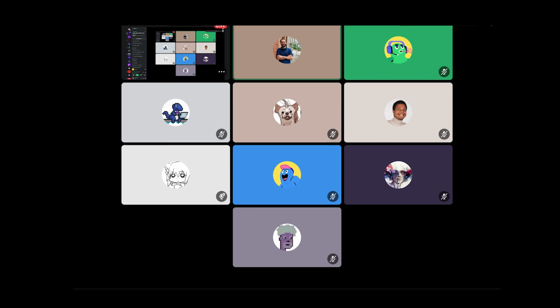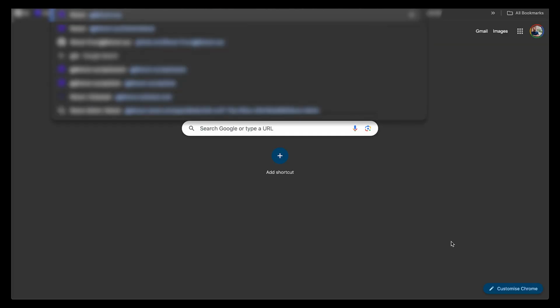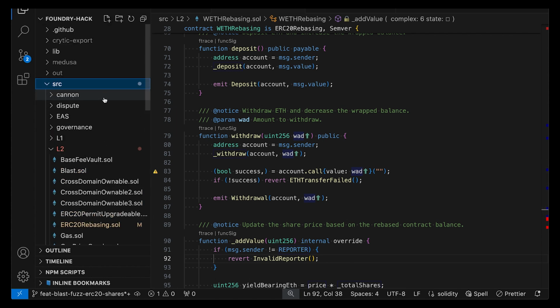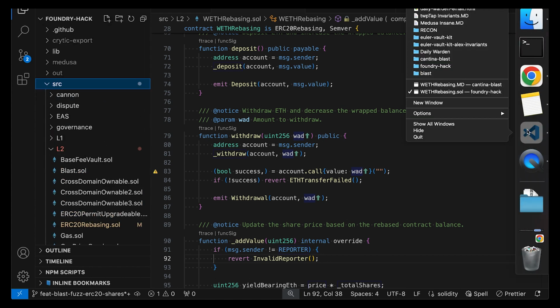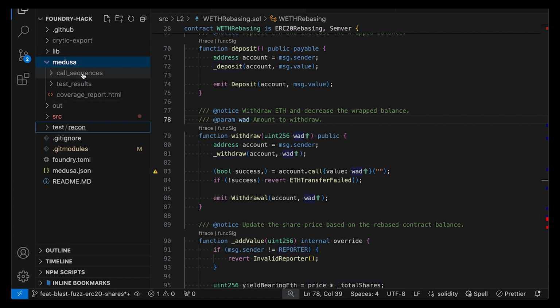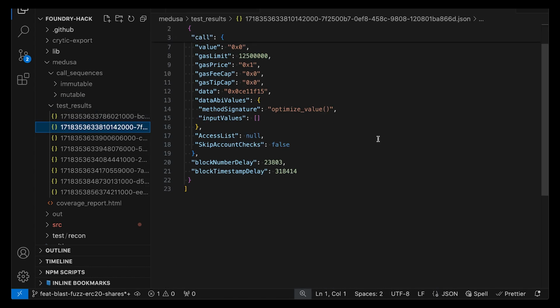How do you reuse a corpus? Okay, so I'm going to show you how to reuse a corpus with Recon and with your own work. By default, what happens when you run Echidna or Medusa is that they create these folders with test results.